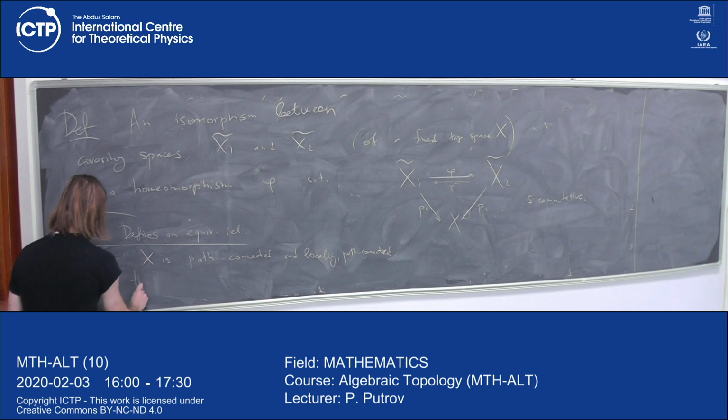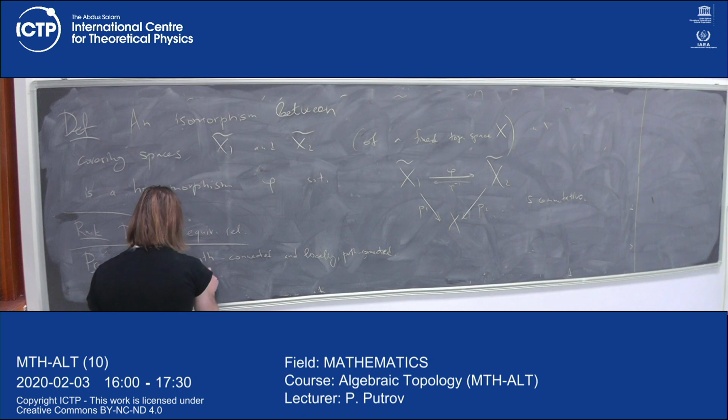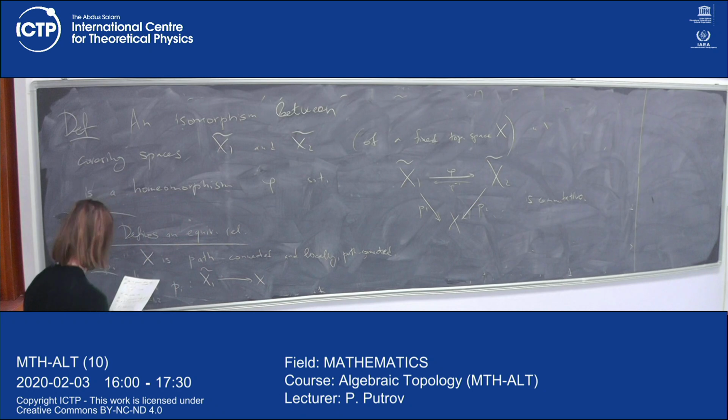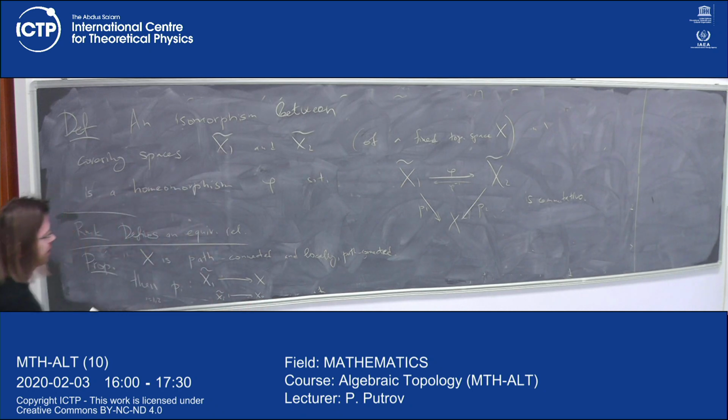So then, a pair of covers, where the index i will be 1 or 2. We consider a pair of covering spaces X_i tilde, and I fix a base point in each of them, which is mapped to a fixed base point x0.